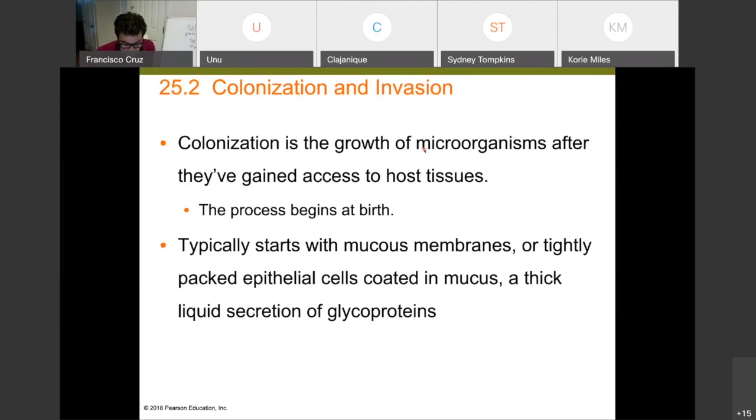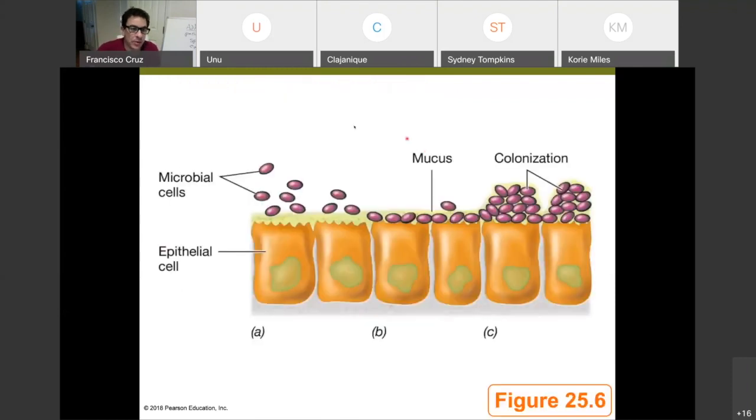The mucus is just a fluid of polysaccharides, and some microbes can establish residence even if they can adhere to epithelial cells anyway. So some microbes can break through this mucus and adhere. Here in figure 25.6, microbial cells are landing on the mucus, but then they can penetrate through the mucus and start to multiply. This can lead to pathogenesis.